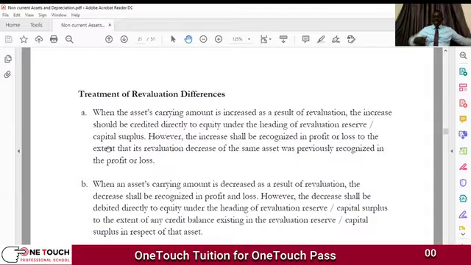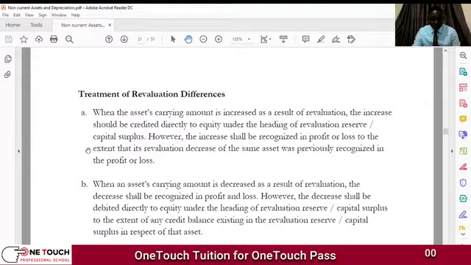So if the loss was 500 and the subsequent revaluation is 1,000, we send 500 to the income statement to the extent that it cancels off that loss. And that difference of 500 will be credited directly to what? Equity. You get the point? Good. So that's how we'll look at it practically and you'll appreciate what I'm trying to explain.